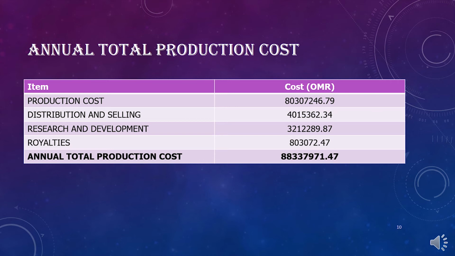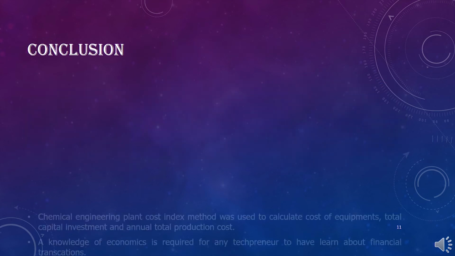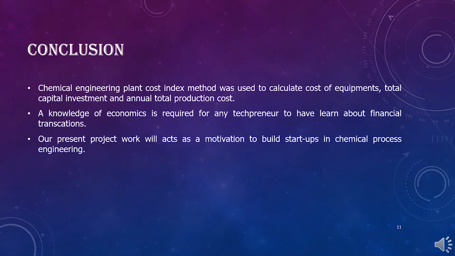In conclusion, chemical engineering plant cost index method was used to calculate cost of equipment, total capital investment, and annual total production cost. A knowledge of economics is required for any entrepreneur to learn about financial transactions. Technology is no exception to this.